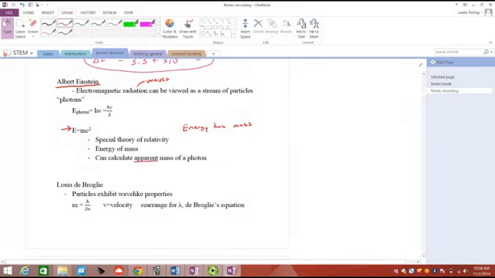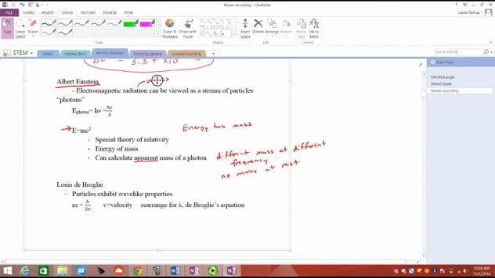And it's the apparent mass of the photon because it would be a different mass at each different frequency or wavelength, depending on which way you look at it, since they're related. It would have no mass if it was at rest. Depending on the frequency it was moving at, it would have a mass.